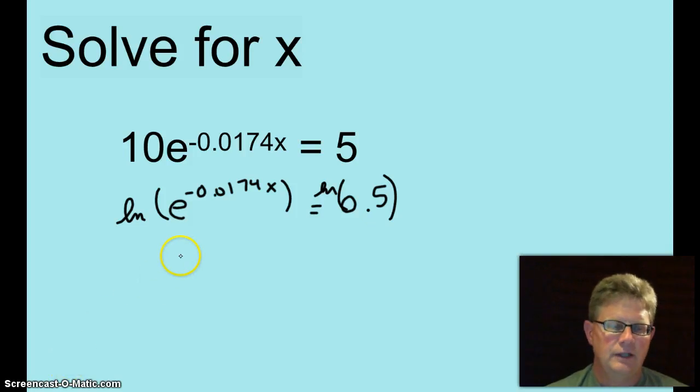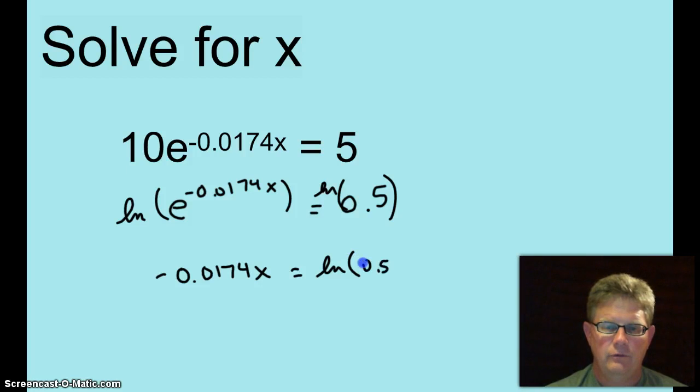Alright, and when we take the natural log of both sides, these two will undo each other, and on the left side we've got an eraser again. I think I made a mistake that you guys didn't know about, so that's what happened there. A negative 0.0174x equals the ln of 0.5.